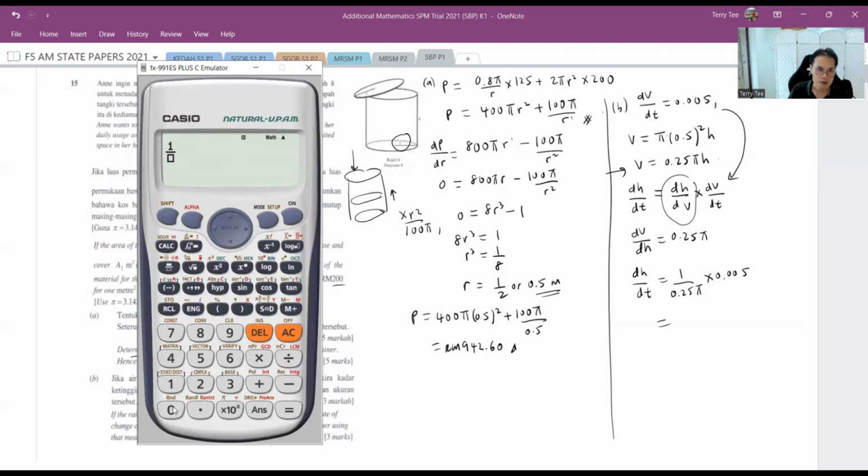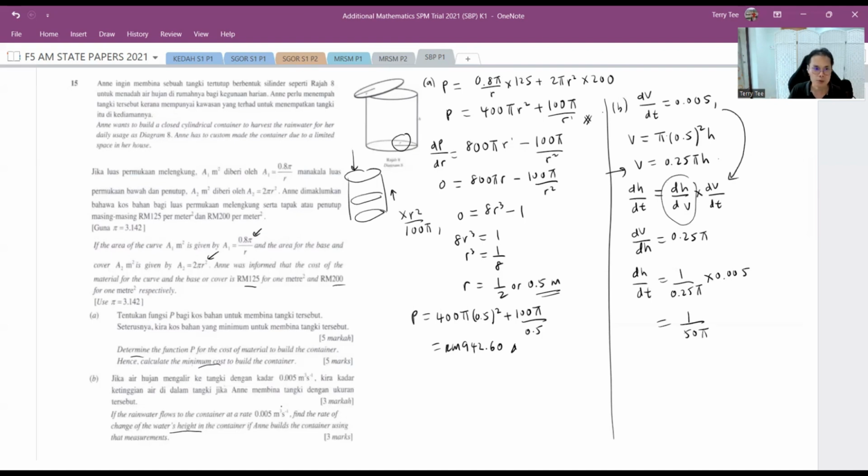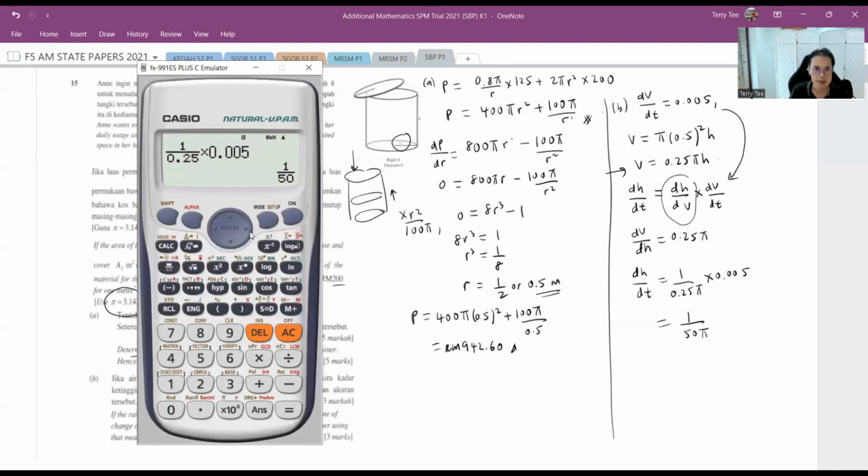1 over 0.25. I'm going to do the pi last, 0.005. This is 1 over 50 pi. If you substitute 3.142, the question asks for 3.142, you basically take 1 over 50, then divide by 3.142. It's a very small value.